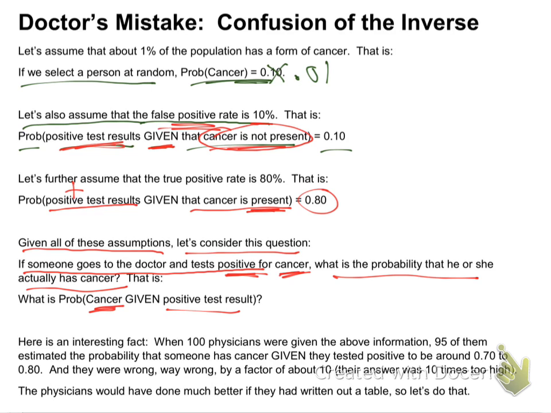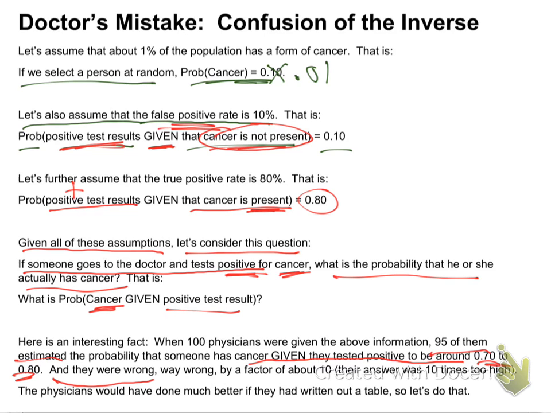And here comes the interesting fact. This is true, I'm not making this up at all. This is famously known about this question. When 100 physicians, medical doctors, were given this exact information I just gave you, 95 out of 100 estimated the probability that someone has the cancer, given that they get the positive test, to be around 70% to 80%.